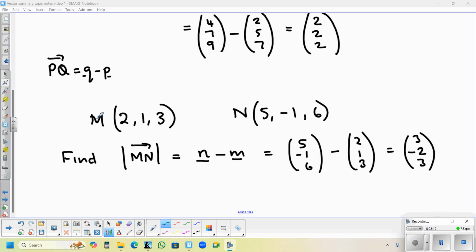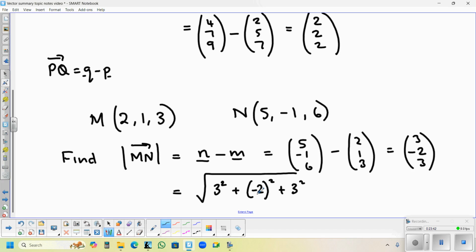Okay, we left it earlier on, so we worked out vector MN, which is N minus M. We've got the components of it, and that was the components 3, negative 2, and 3. Now, I want to find the magnitude of that. So all you do is you take the square root of 3 squared, you add on, the next number is minus 2 squared, and the next number is 3 squared. If you've got a negative, you must put your bracket round about it, okay?